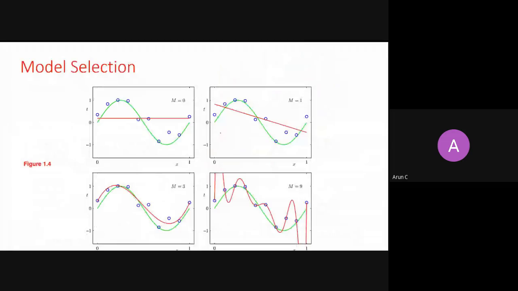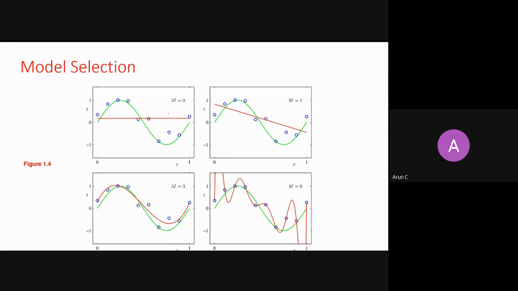Then the question comes: how to select a model, as the question came just in the beginning of the class. How to choose a model, right? You can say my line could be horizontal only, or I can take a sloped line. Whatever I'm showing here is the best model among the infinite choices.